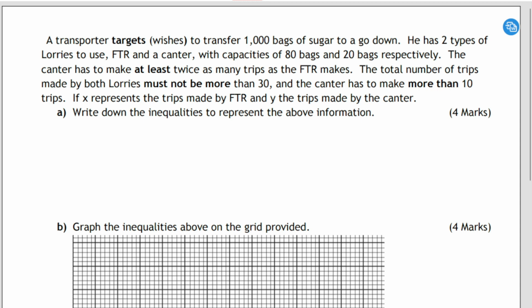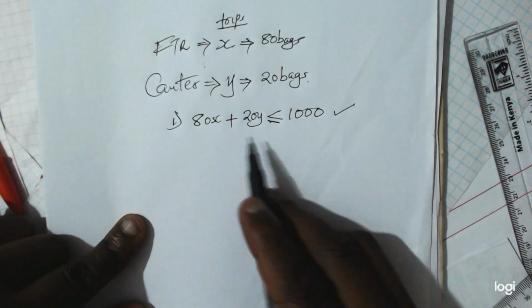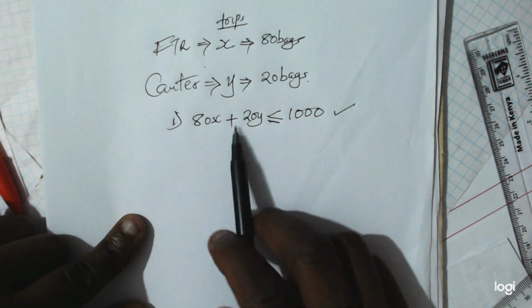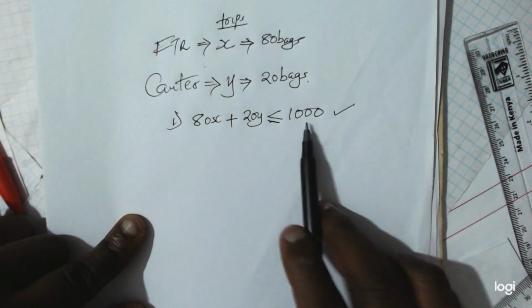So it is less than or equal to 1,000. That is the first one: 80X plus 20Y, the number of bags, should be less than or equal to 1,000.